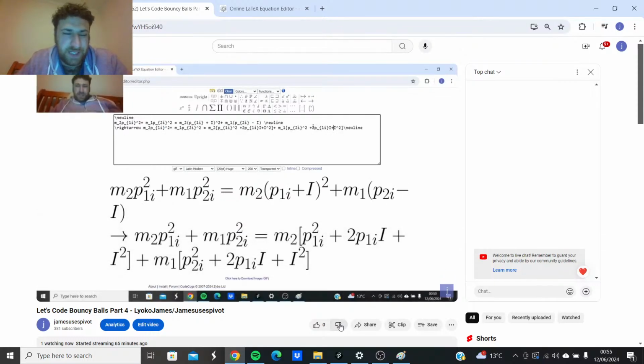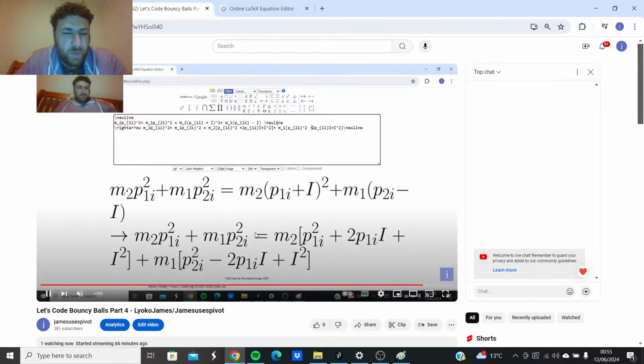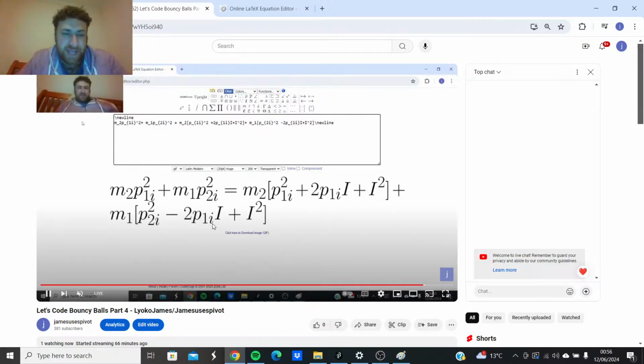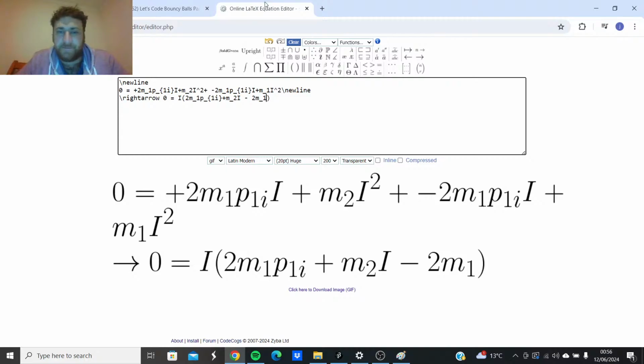Before, I had it distributed. It was M2 for P1I and M1 for what should be P2I. That should be P2I, but I miswrote it as P1I. Okay.